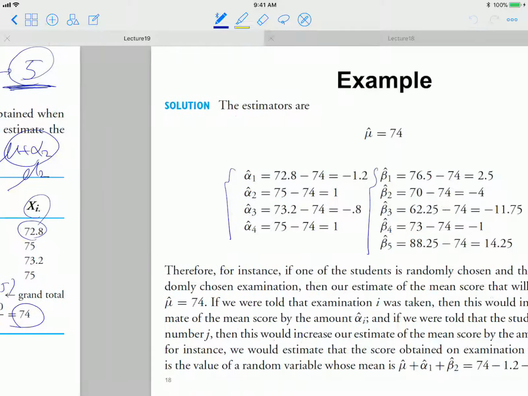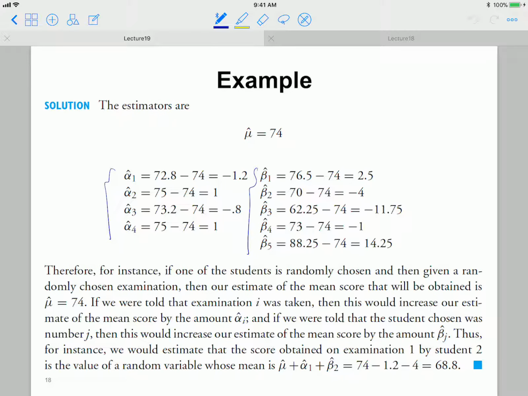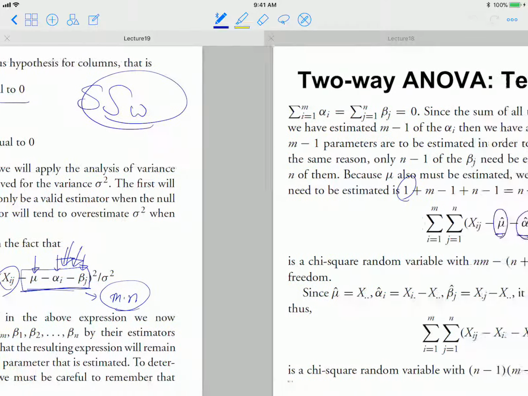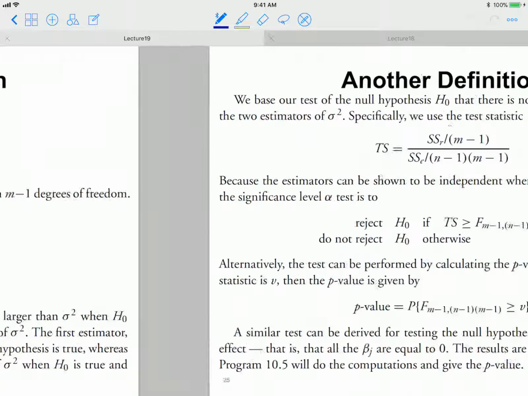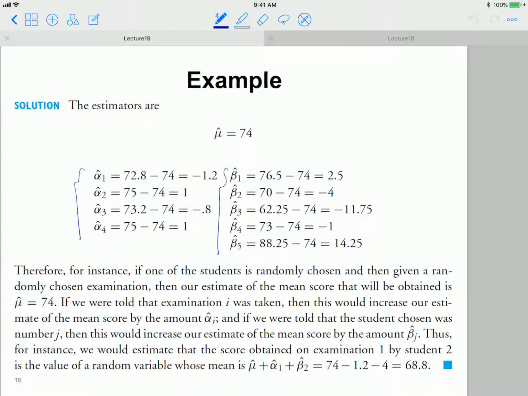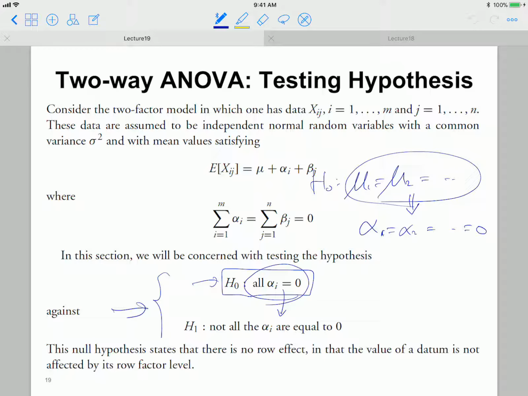That is the key thing, and that's why we have to keep this equation in mind. This equation will have the effect of removing one actual parameter estimation.